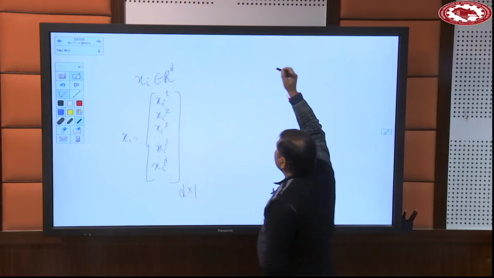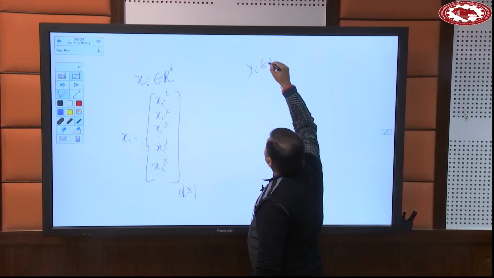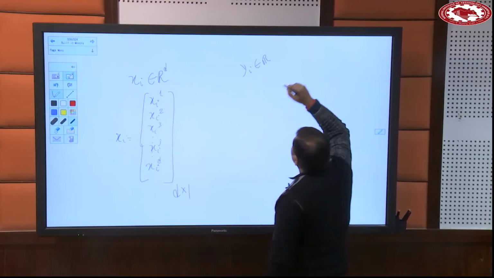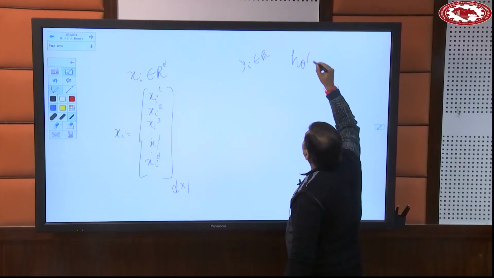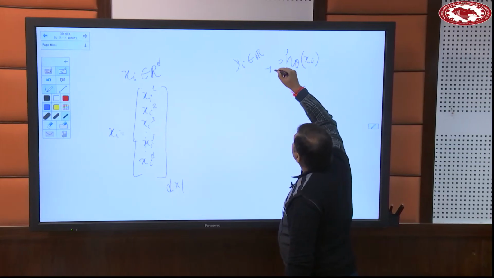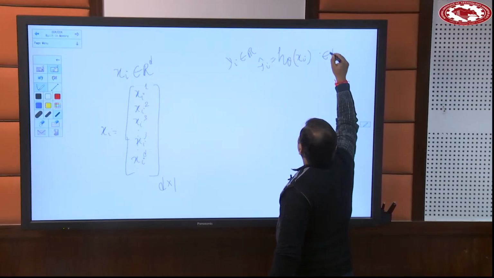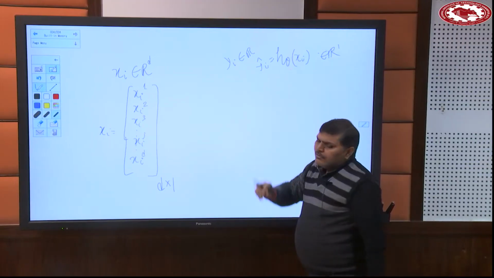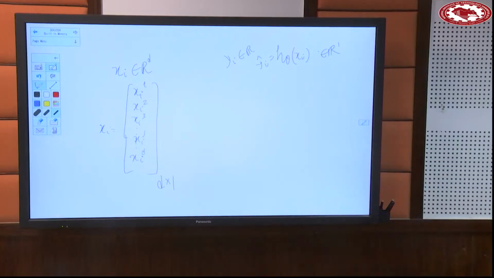And let the loss function be yi, for the time being. So, yi is just a scalar, and h theta xi you can call yi cap, and this is again of course a scalar. This will have the same size, same length. It might be of any dimension.